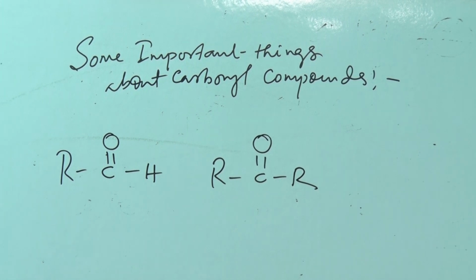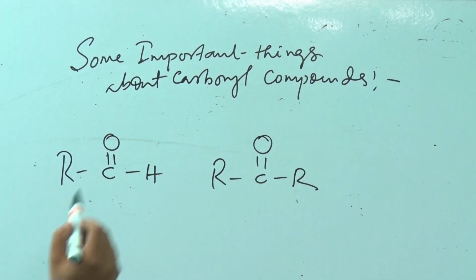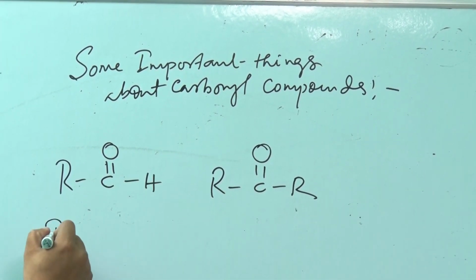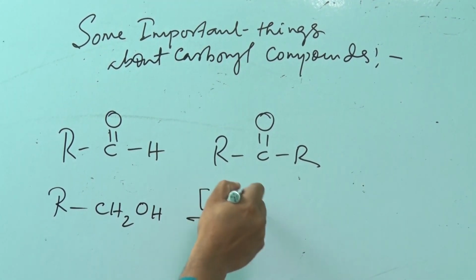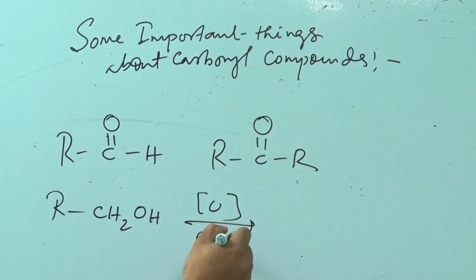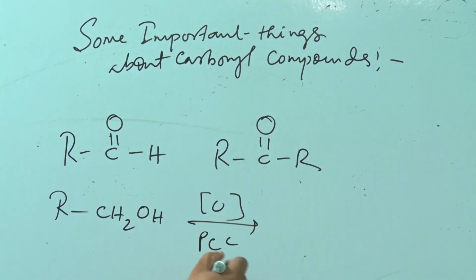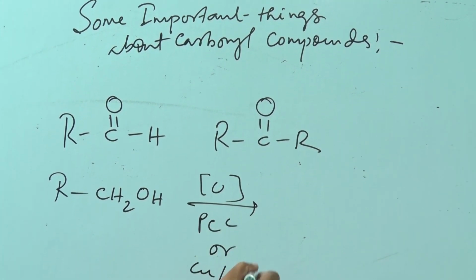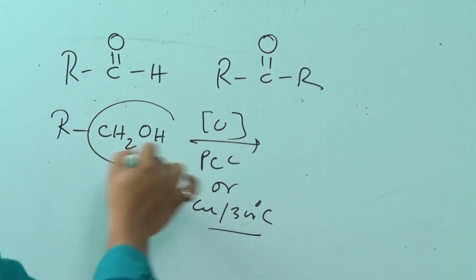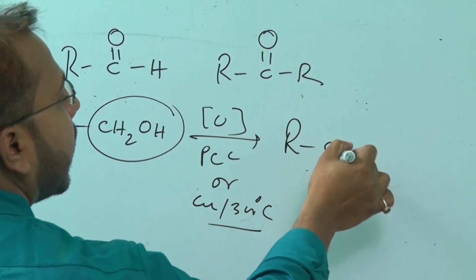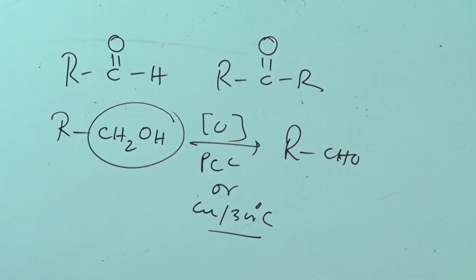So how can we get aldehydes and ketones? If we oxidize some primary alcohol with PCC, pyridinium chlorochromate, or a mild oxidizing agent like copper, then this portion will be oxidized to the CHO part.